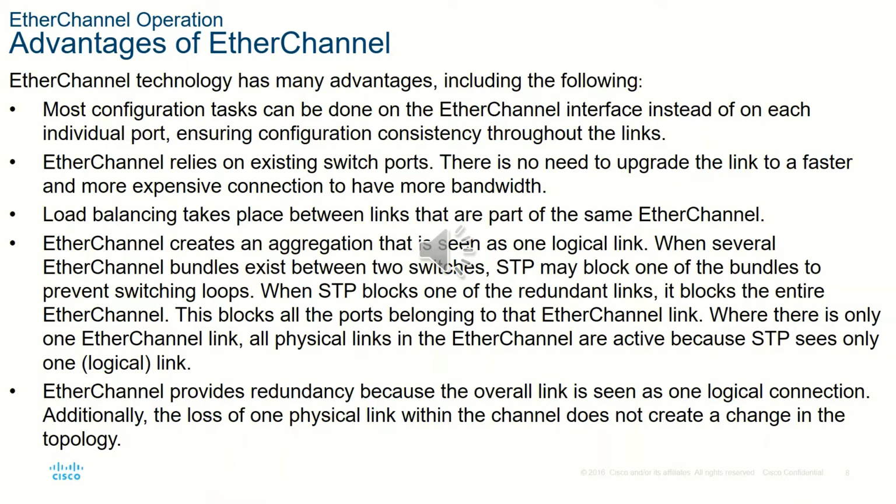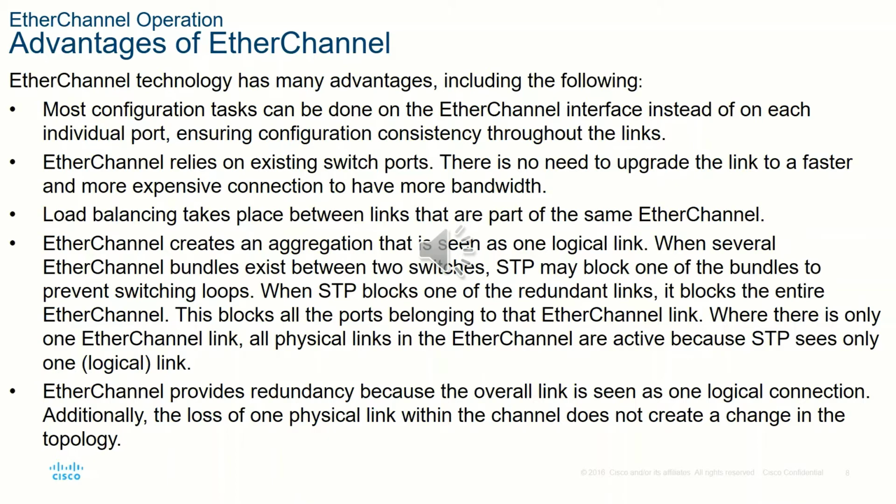The third advantage is that load balancing takes place between the links that are part of the same EtherChannel. The fourth advantage is that EtherChannel creates an aggregation that is seen as a single logical link. When several EtherChannel bundles exist between two switches, STP may block one of the bundles to prevent switching loops.